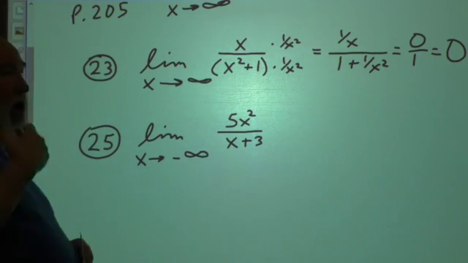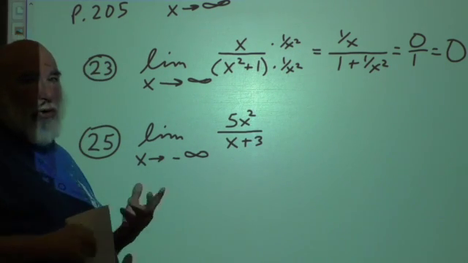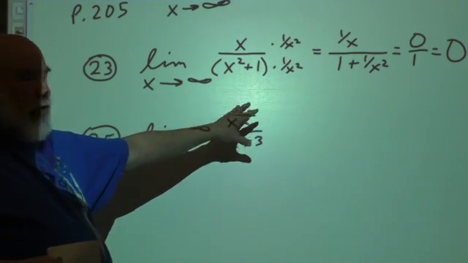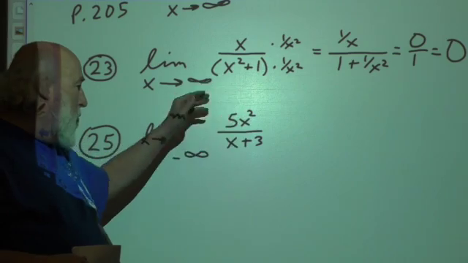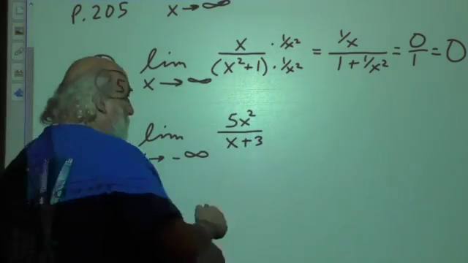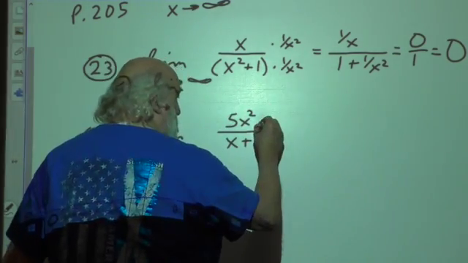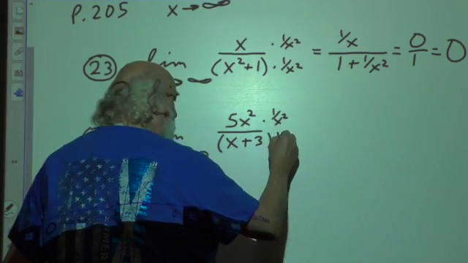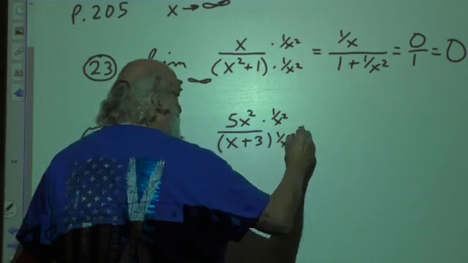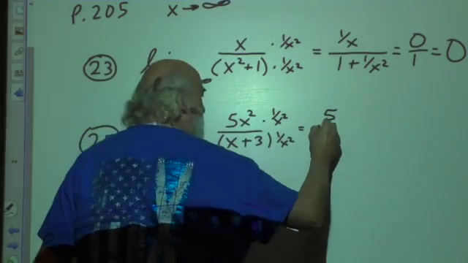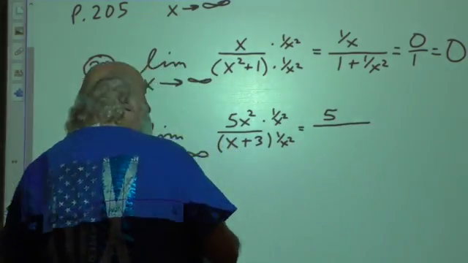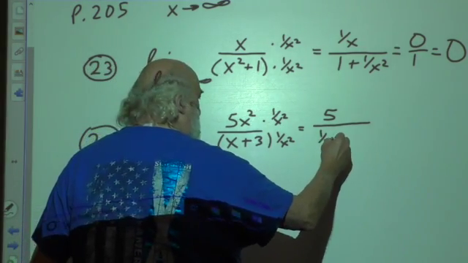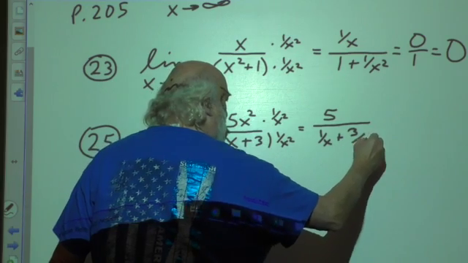Okay, so now this is the third part of the guidelines they gave us, where the numerator has a larger degree than the denominator. This is second degree, this is first degree. So we're going to divide by x squared and multiply by 1 over x squared for both of these. And so this gives us 5 over 1 over x plus 3 over x squared.